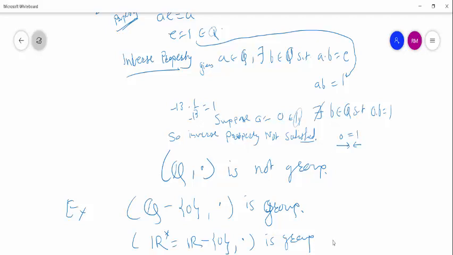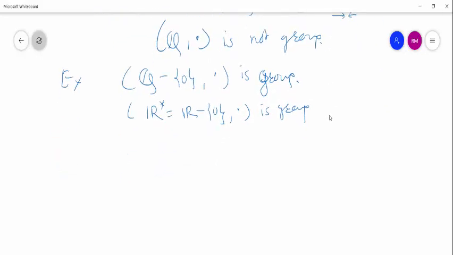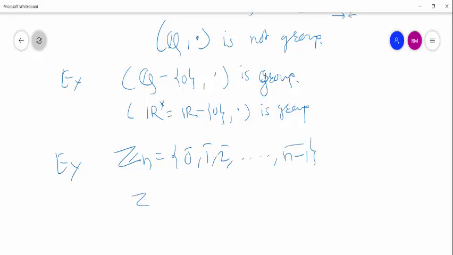Similarly, we can talk about Zn. Zn is nothing but 0 bar, 1 bar, and so on. In earlier classes we already studied this type of remainder set. Say Z5 having the elements 0 bar, 1 bar, 2 bar, 3 bar and 4 bar.